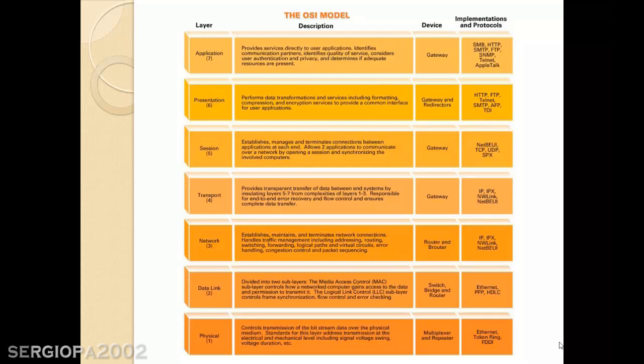destination. And for that, it uses the IP address system, okay, and that's why the protocols that you see there in the network layer are IP and IPX and NetBEUI and NWLink, because these are the protocols that really make possible the routing of a package on the internet, for example.